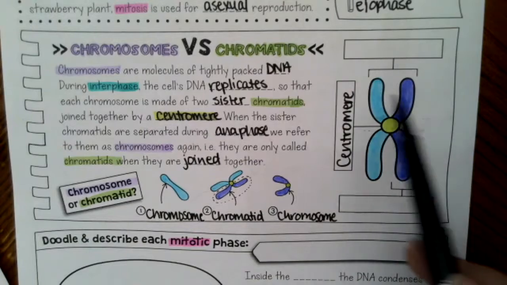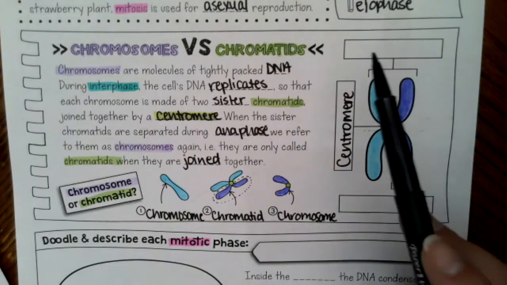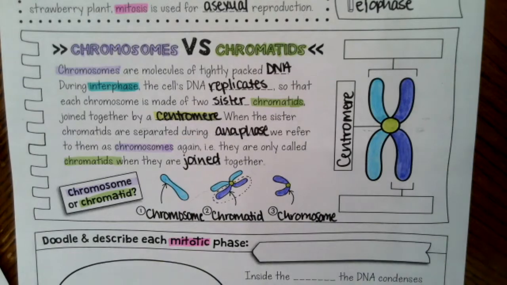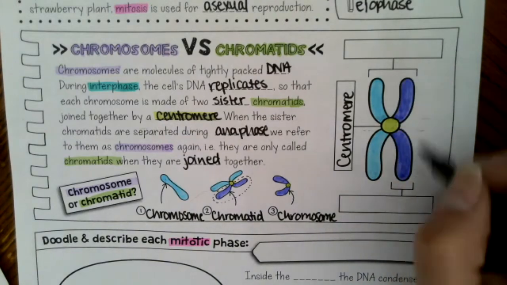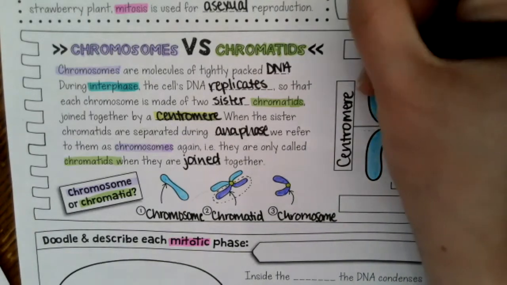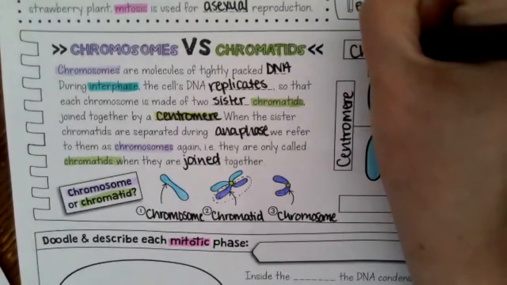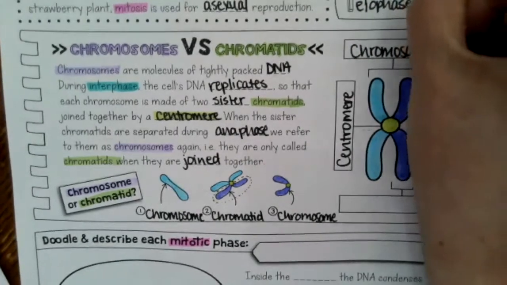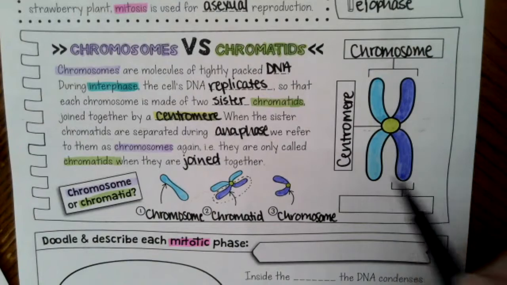Now, if we're looking here, we see that we're referring to this entire body here. When we are referring to this entire body, we are talking about chromosomes. This is a chromosome.